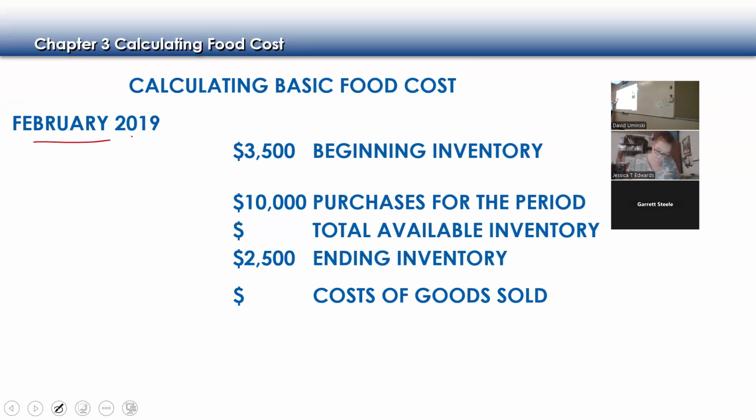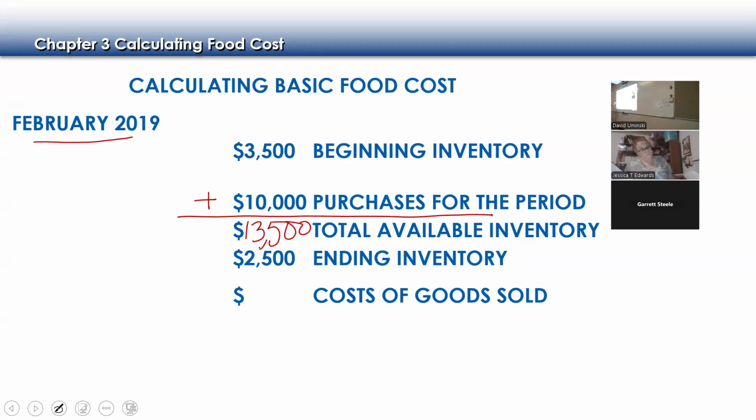So February, our beginning inventory is $3,500. We added $10,000 worth of purchases. So what is our total available inventory? 13,500? Is our total available inventory.